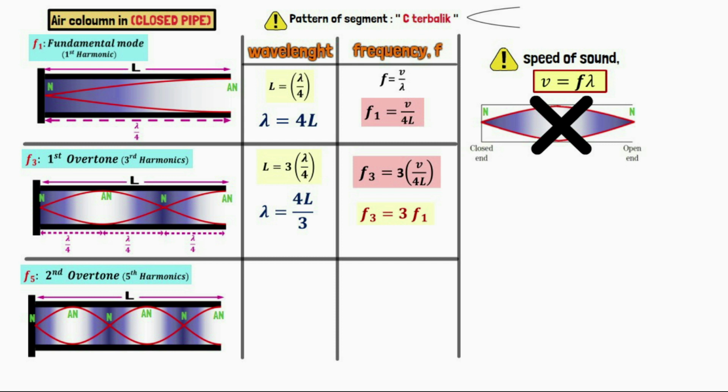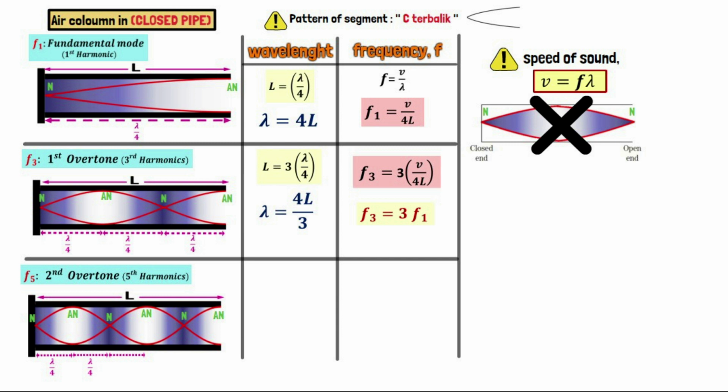So now let's label macam biasa, L, the length of the closed pipe, and then let's label the wavelength. So untuk the first pattern of C, kita ada lambda over 4. Okay, lepas tu kita ada C yang kedua, where the wavelength untuk C yang kedua, lambda over 4. And then the third C, we have another lambda over 4.